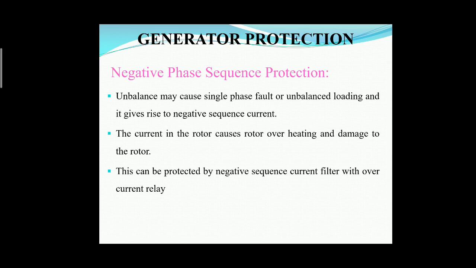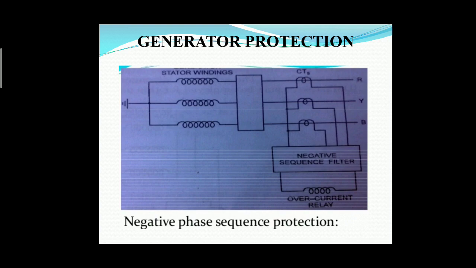This can be protected by negative sequence current filters with overcurrent relays. This is the basic circuit diagram for the negative phase sequence protection.